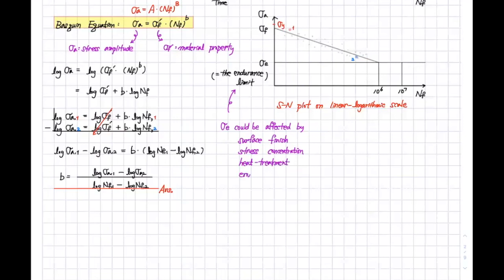Environment, like no chemical attacks or no acid, something like that. Or maybe good component design. So you can increase your endurance limit based on these different considerations when you design material devices. That means you can make devices more fatigue resistant. Okay, so this is very important to understand.